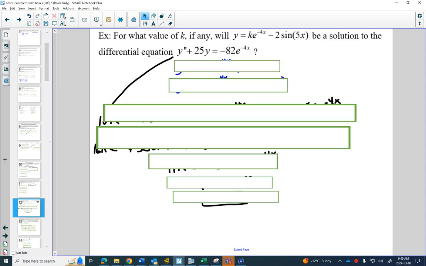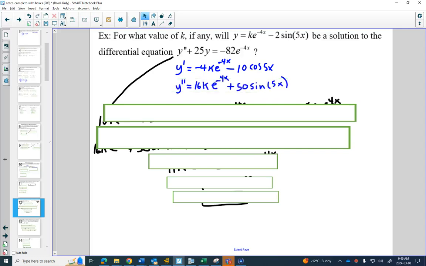And if it is, what's the value of k? So we're going to start with that y, and I could easily find the derivative, y prime. And I could easily find the second derivative, y double prime, in terms of k.